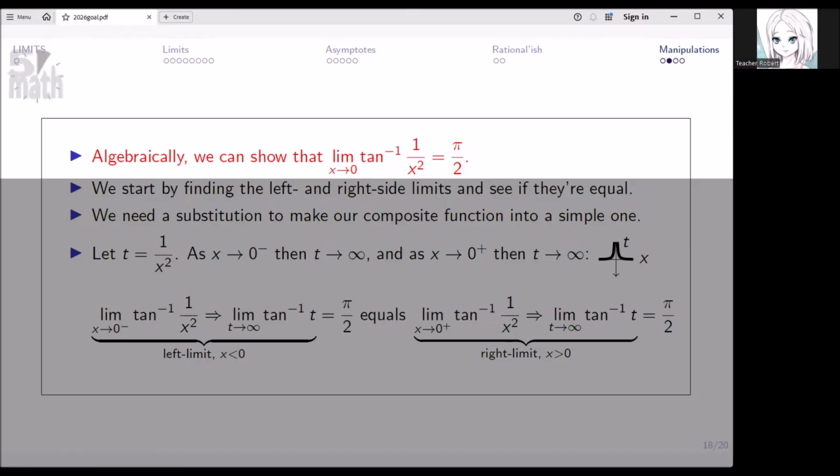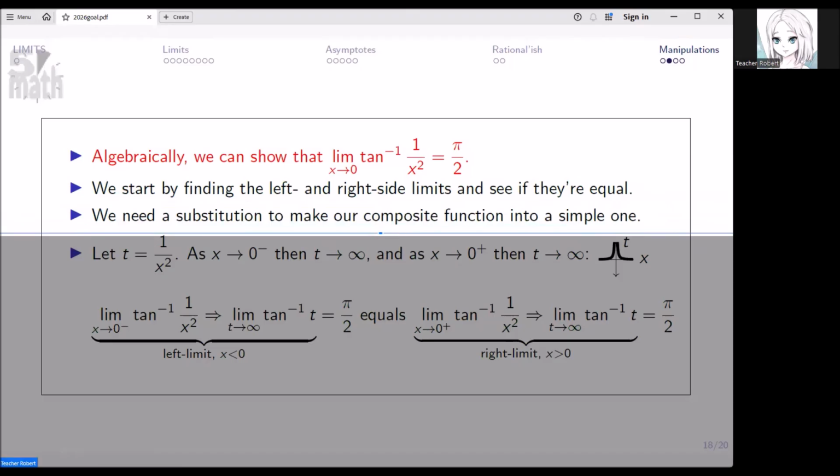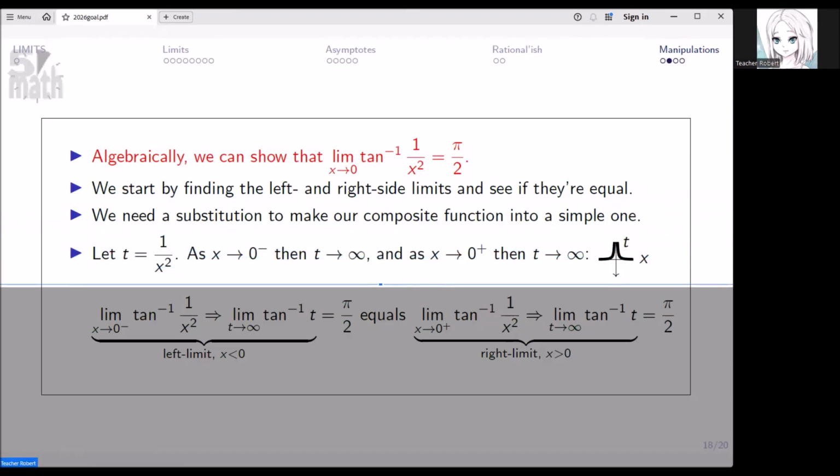Algebraically, we can show that limit as x approaches 0 of arctan of 1 over x squared equals pi over 2. We start by finding the left and right side limits and see if they're equal. We need a substitution to make our composite function into a simple one. Let t equal 1 over x squared. As x approaches 0 from the negative, then t approaches infinity.